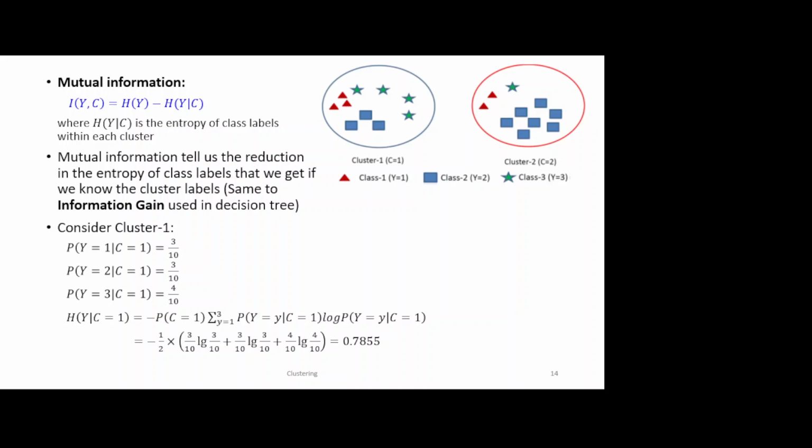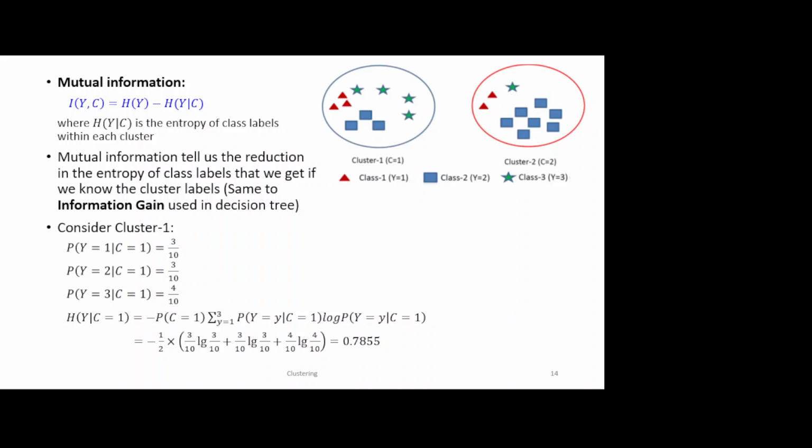First we consider cluster 1. Given cluster 1, the probability of being the first class is 0.3, right? Because there are 10 points and 3 of them are class 1.